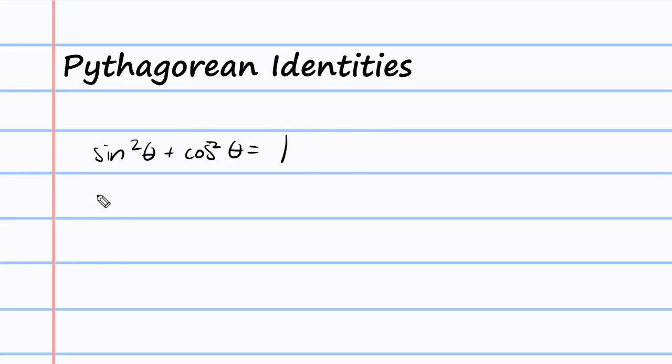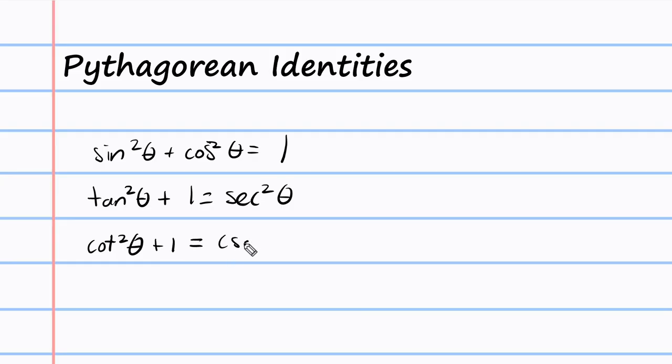The next Pythagorean identity we have is tan squared theta plus 1 equals secant squared theta. And the third one we have is cotangent squared theta plus 1 equals cosecant squared theta. So these are our three main Pythagorean identities.